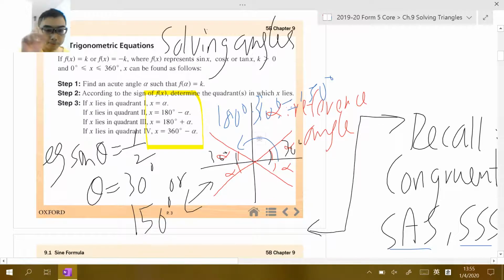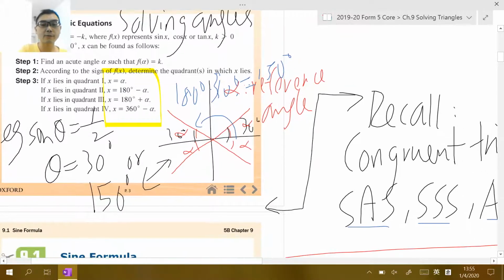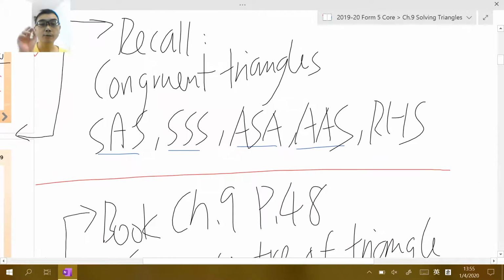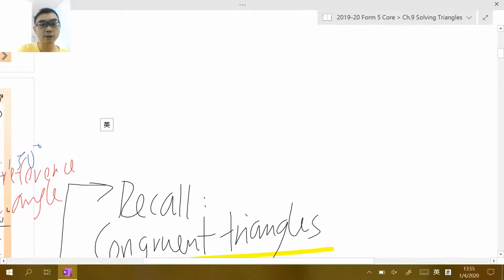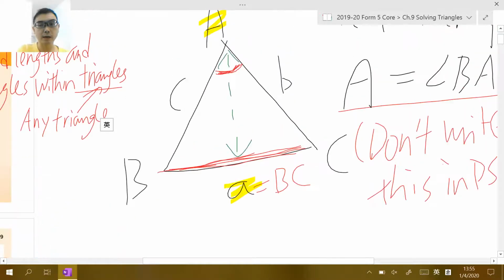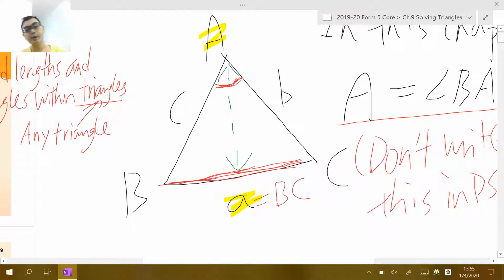And also, you have to understand, because now we are working on triangle, not only right angle triangle, but any triangles. It means that this time we will also have to remember the things you learned in Form 1, which is the congruent triangle. So why do we have to learn this one? Because when we go back to the original problem, in a triangle there should be 3 lengths and 3 angles together.